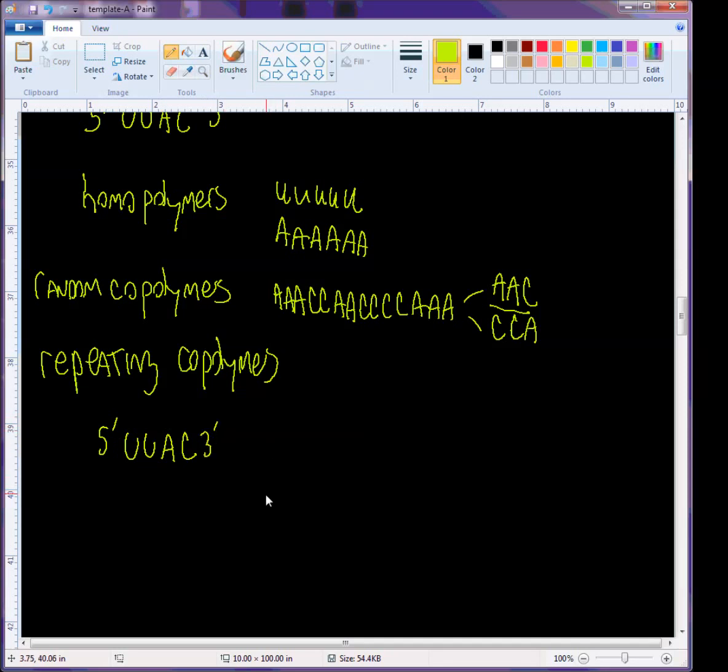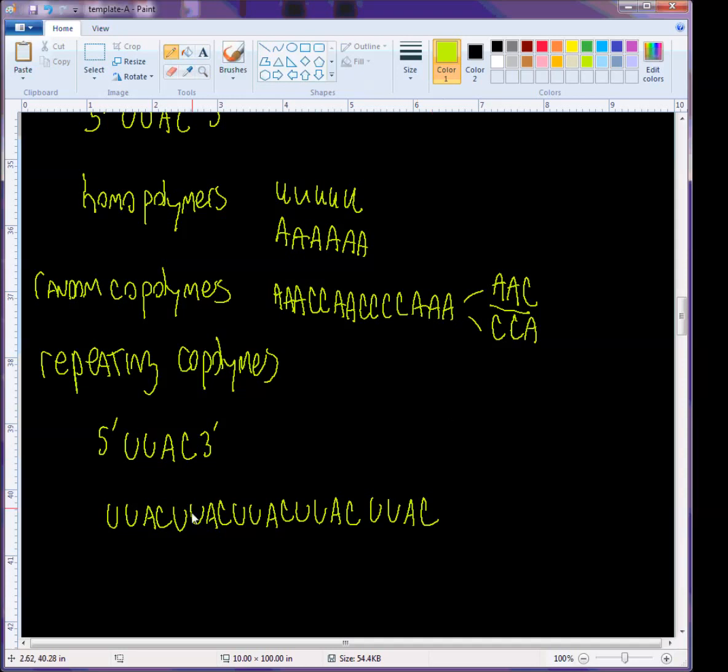They couldn't make specific RNA much longer than 4 nucleotides, but they could make thousands of these. And Gobind Khorana figured out that, hey, I can stick these together, one after another, and get a repeating copolymer.